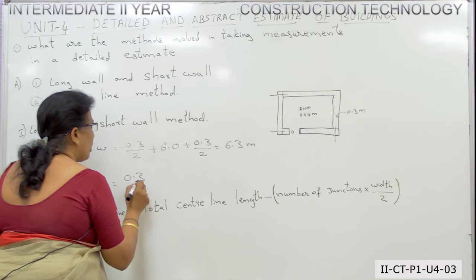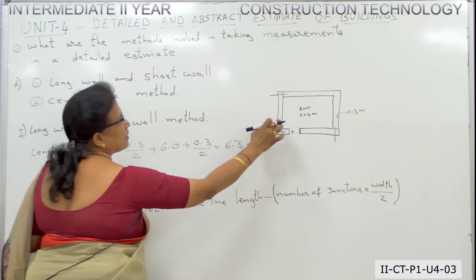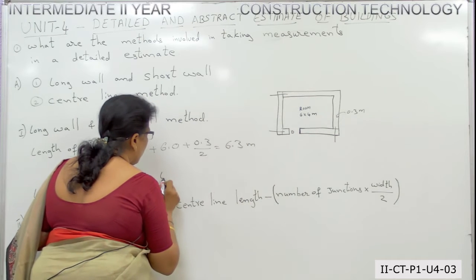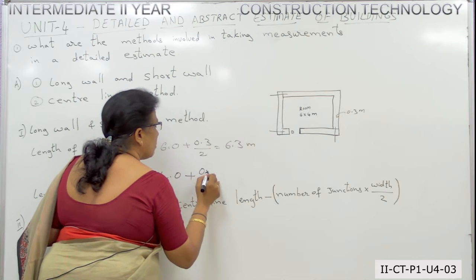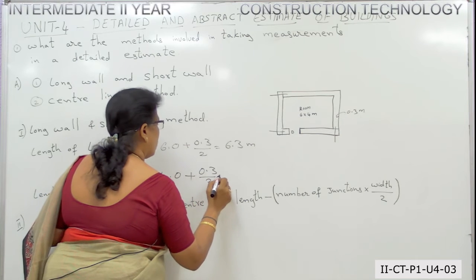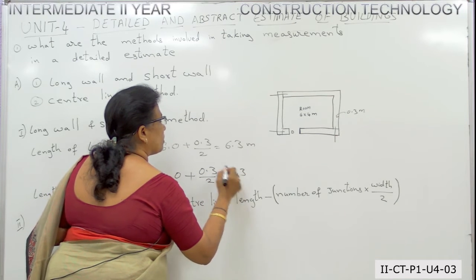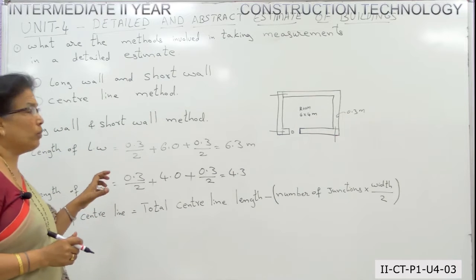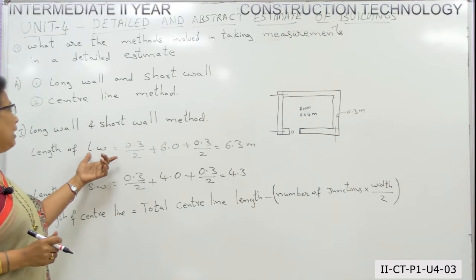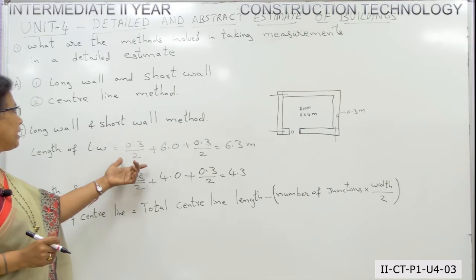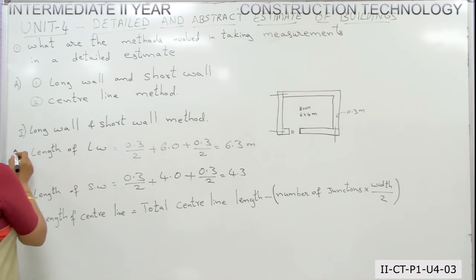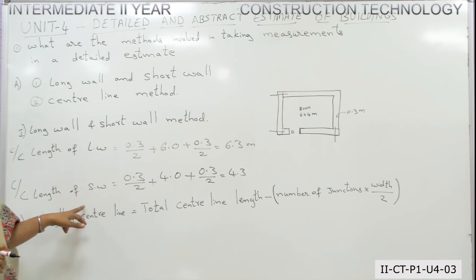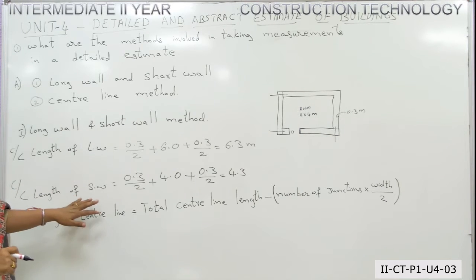So again 0.3 by 2 plus 4.0 meters, and again half the width, 0.3 by 2. This is how you calculate the center to center length of the long wall and the center to center length of the short wall.